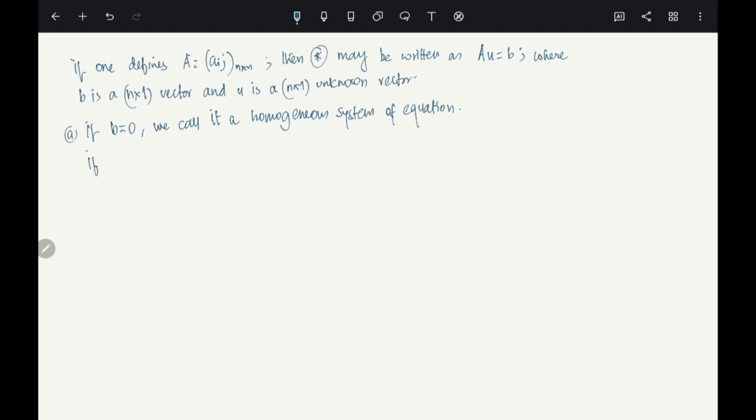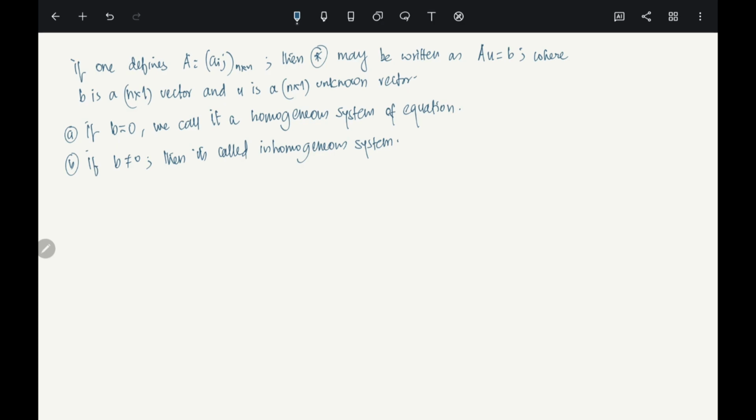If b is not equal to 0, then it's called an inhomogeneous system. Okay, so we are going to need a very important theorem here, and we are going to use this in a lot of different places.